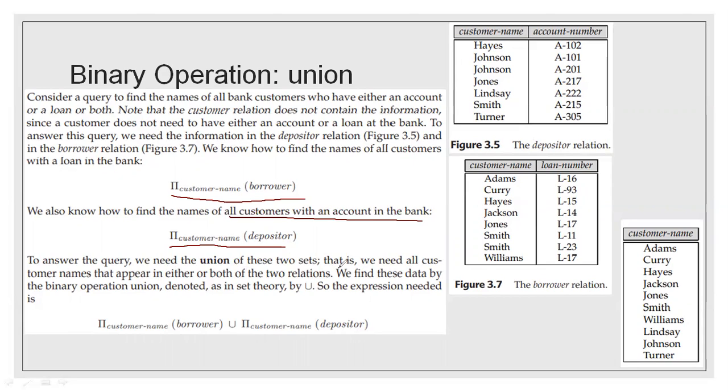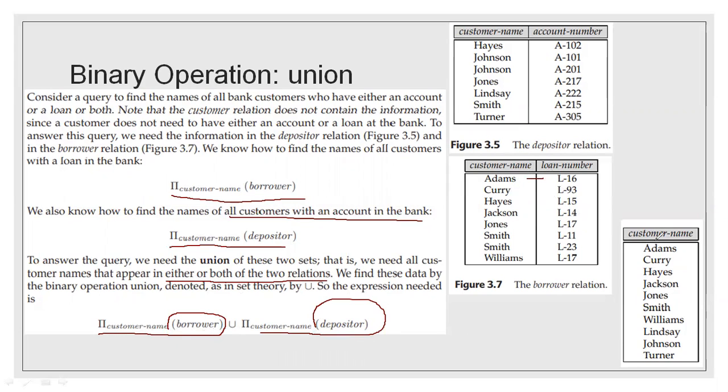So the expression needed is, you can see here, customer name from the borrower table union customer name from the depositor table. So this will give the customer names in either or both of the two relations. Now you can see here customer name of the borrower table is given first.